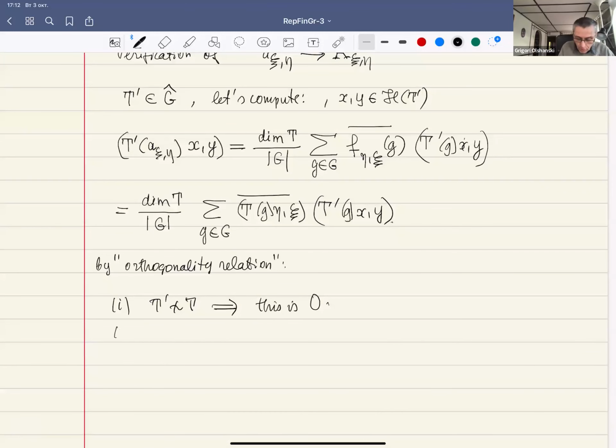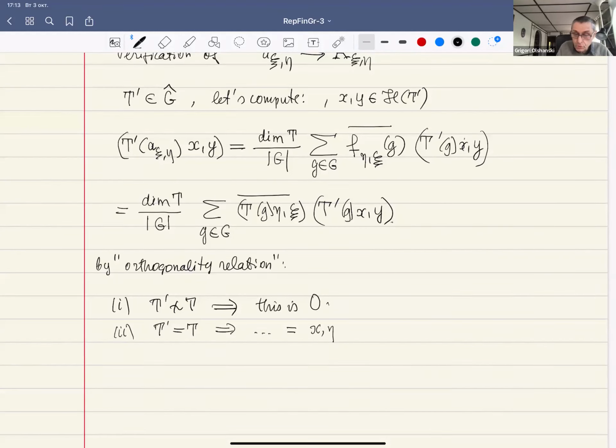Now assume that T prime is the same as T, and again by orthogonality relation, we get what we get, and now we want then this result. Applying the orthogonality relation gives us that this is equal to x eta.